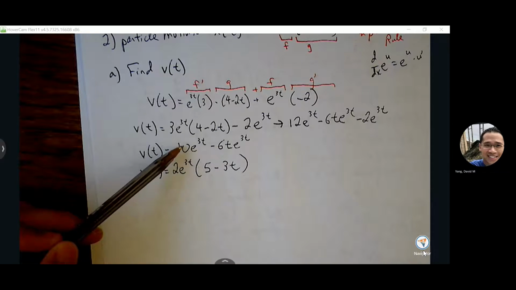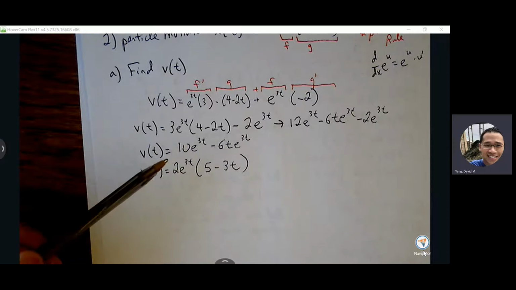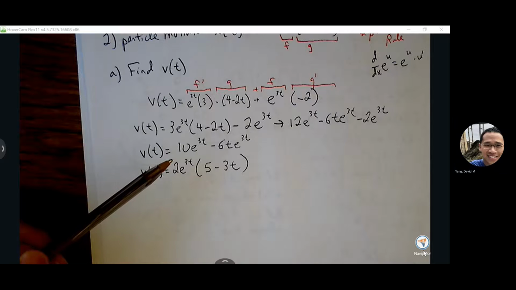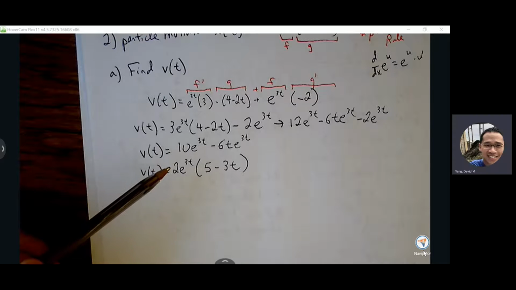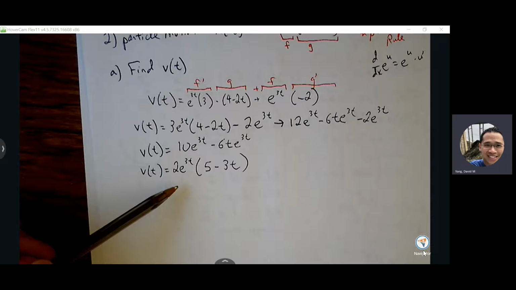Right. GCF is 2 and e to the 3t. Good so far? Okay. For acceleration, f prime g plus f g prime.